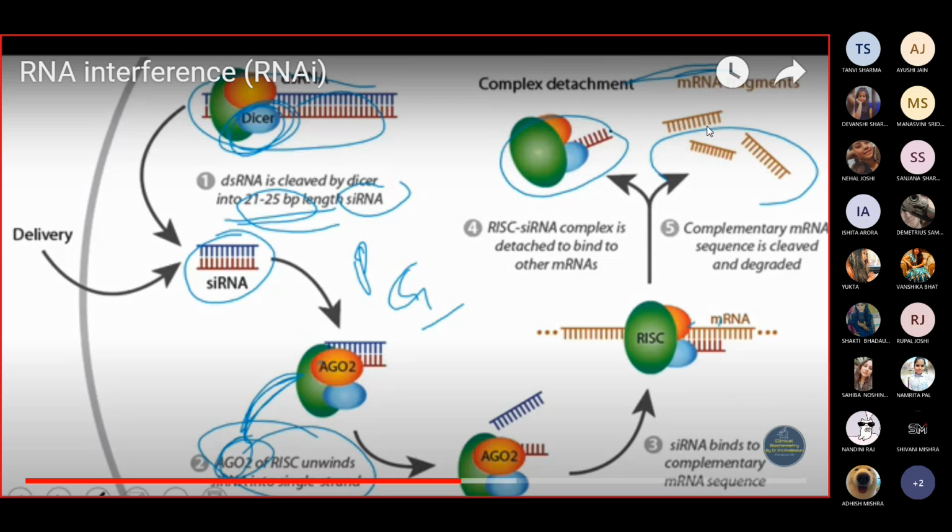So if it takes a certain region which is common to all of them, you may end up disrupting all the 20 receptors, which may not be the right thing to do. You may want to stop the expression of just one particular receptor, but because the homology is shared in the sequence, it might spread. This is called the spreading of RNAi, and people have developed technologies to limit this spread.